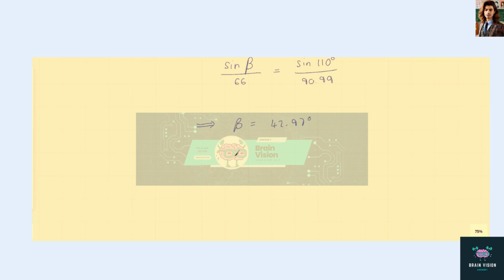And so alpha is 90 degrees minus beta, which gives us alpha to be 47.03 degrees.